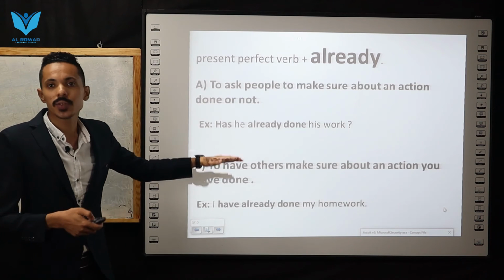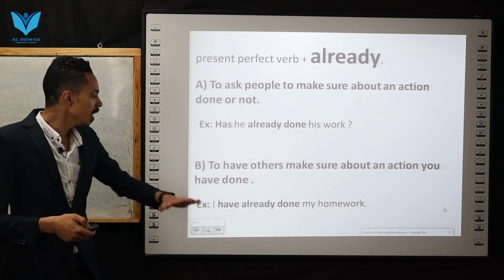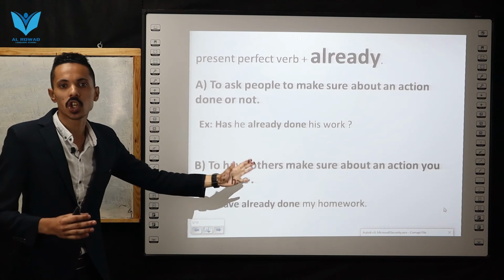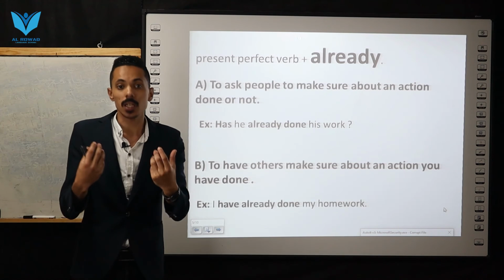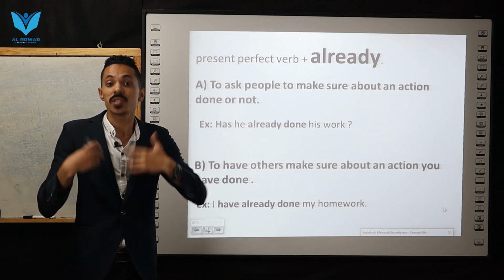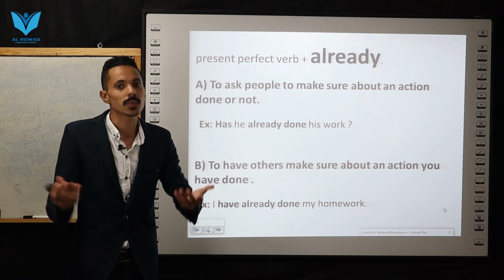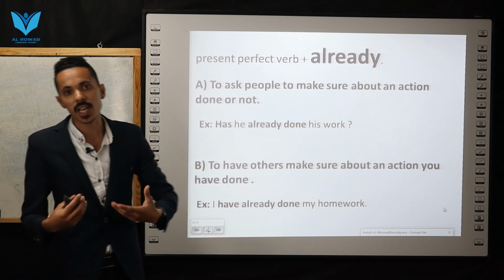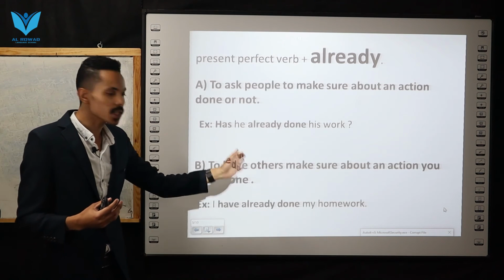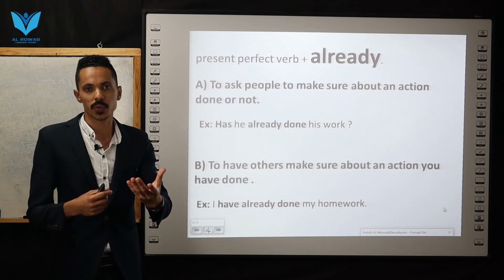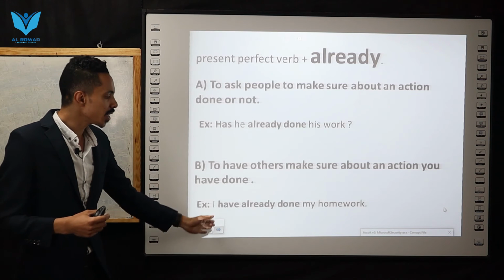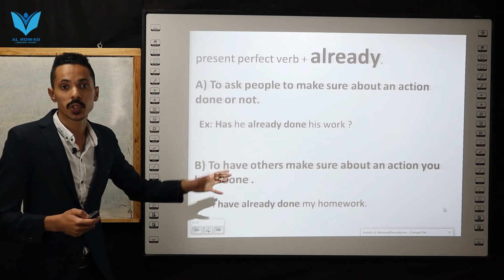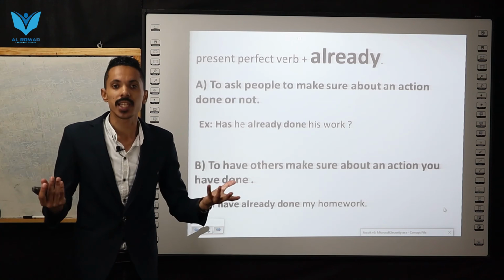For example, I have already done my homework. If you want me to make sure that you really did the action, you will tell me, I have already done my homework. You will use a present perfect verb plus already. What is the place of already here? It's between have or has and the verb in the past participle.